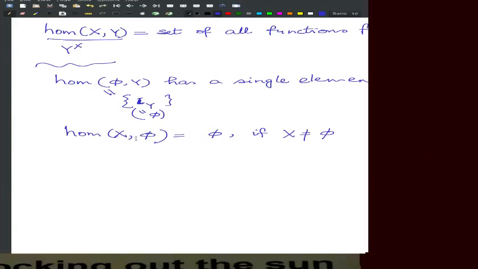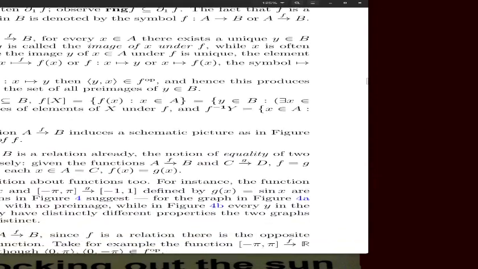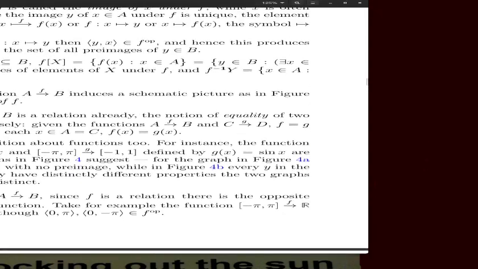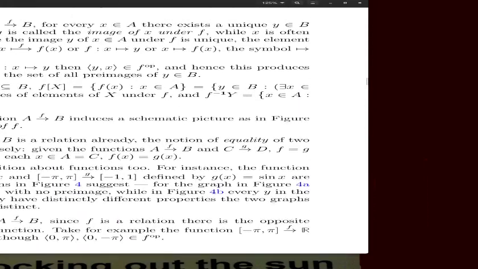And if we come to our notes, it's section 5. You will see that in 5.4 I have put up another interesting view of a function, which is the stock diagram for a function.